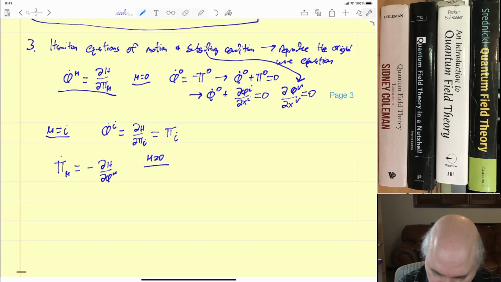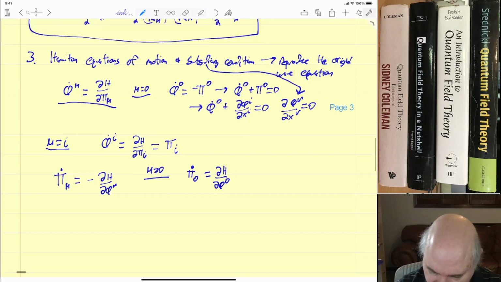We're going to get pi dot 0 is equal to minus the partial of h with respect to phi 0.